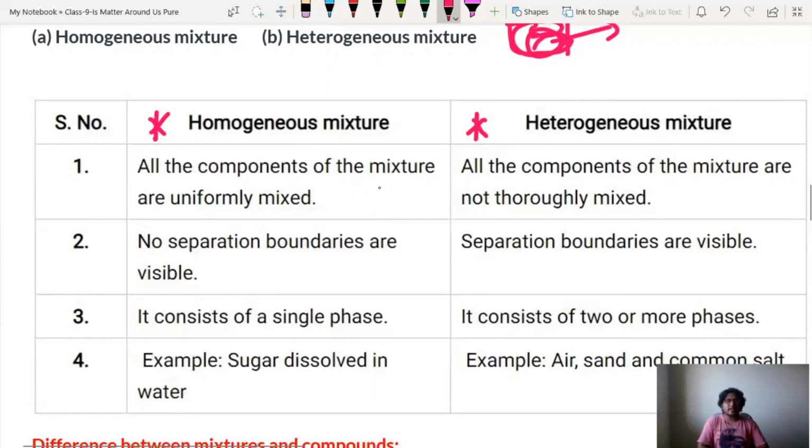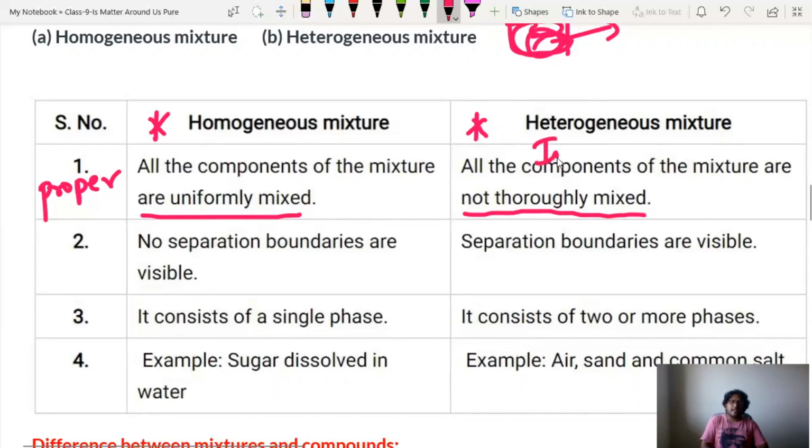It is quite easy to understand what is homogeneous and what is heterogeneous. You see, all the components of the mixture are uniformly mixed. While coming to heterogeneous, all the components of the mixture are not thoroughly mixed. If you find proper mixing, it is called homogeneous.